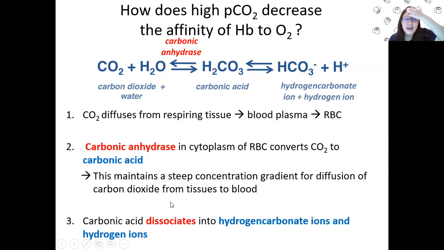And then carbonic acid, as all acids will, spontaneously dissociates into hydrogen carbonate ions and hydrogen ions. This is why we say that when carbon dioxide partial pressure is high, pH will be low too, because hydrogen ions are produced here.